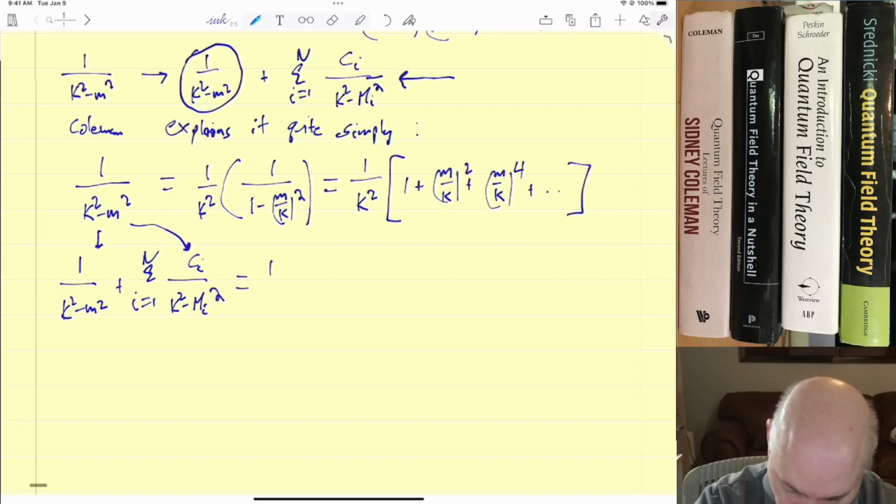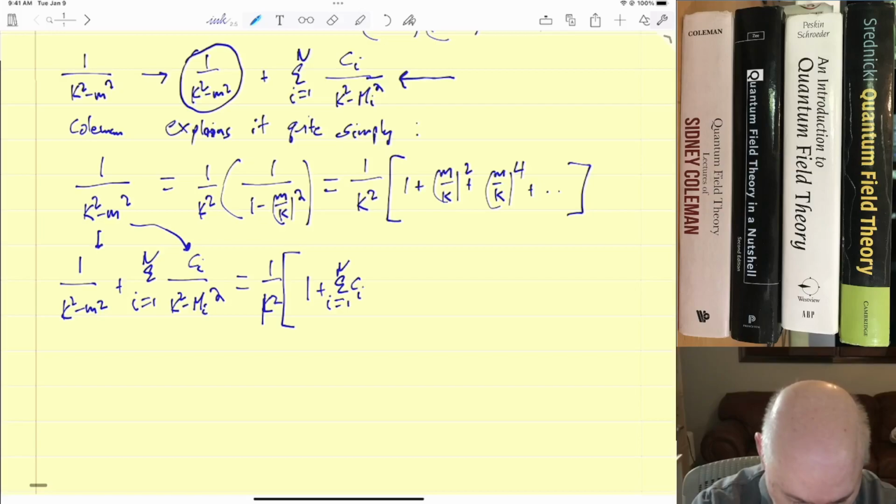So we end up getting 1 over k squared times, and we have a 1 just from here. But we're also going to get a c_i from each of these terms here. So I'm going to get 1 plus the sum i equals 1 to n of c_i. And then the next term, let me factor out the 1 over k squared here. I'm going to get m squared like I had before. But now from here, I'm going to get all these m squared terms.